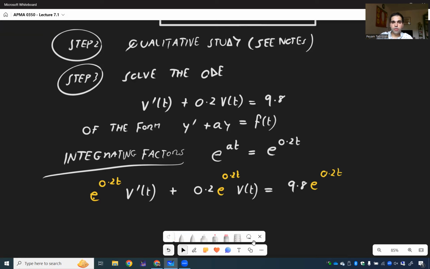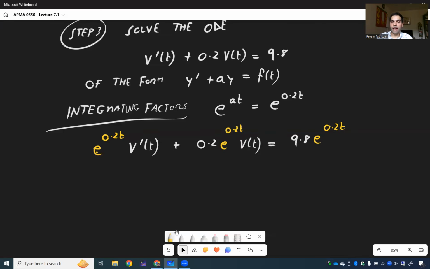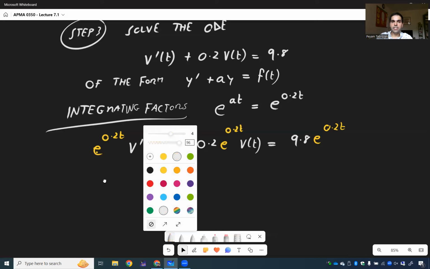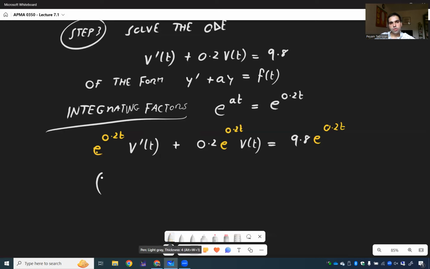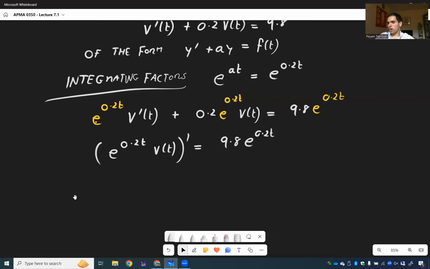And once again, the beautiful thing about integrating factors is that the left-hand side just becomes a derivative. So e to the 0.2t v of t prime equals 9.8 e to the 0.2t. So we can just solve this by integrating: e to the 0.2t v of t is the integral of 9.8 e to the 0.2t dt.